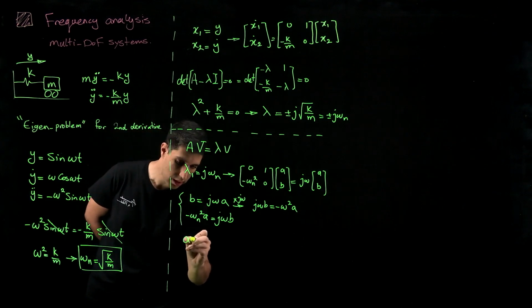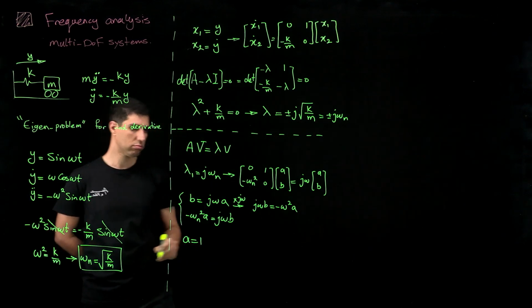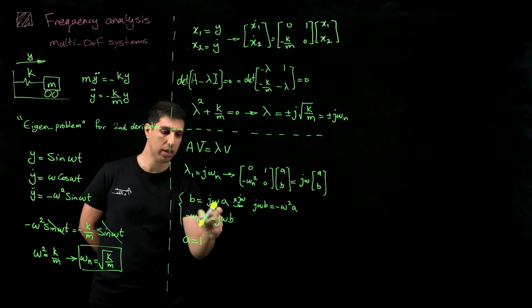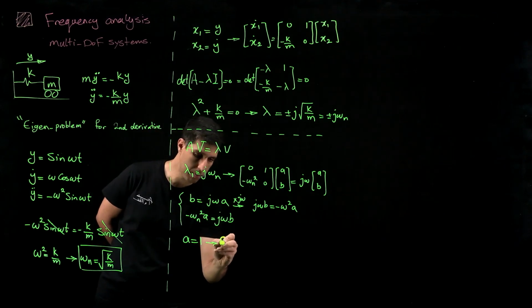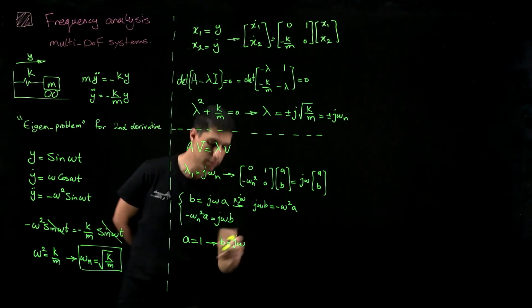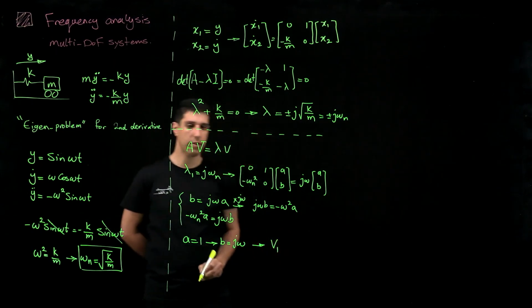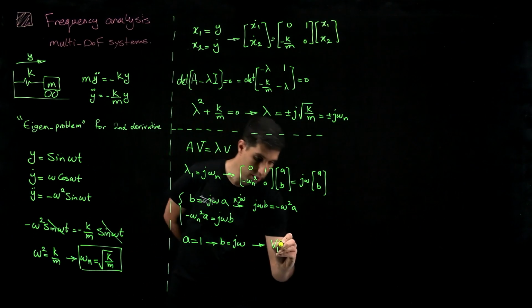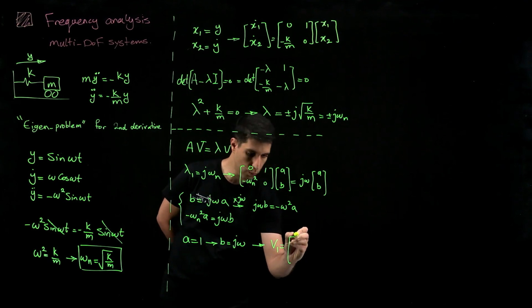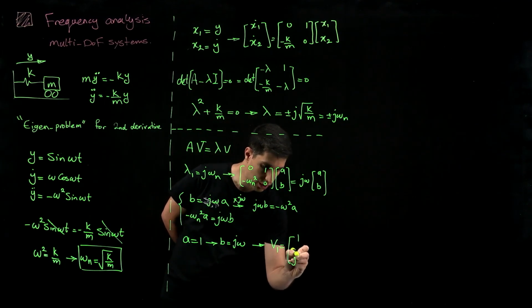So I'm going to take a equal 1. And from here, my b is going to be j omega. So the first eigenvector is 1 and j omega.